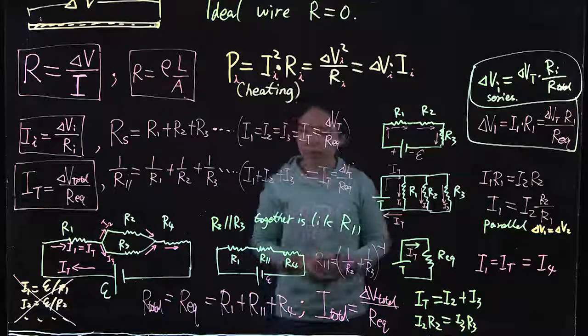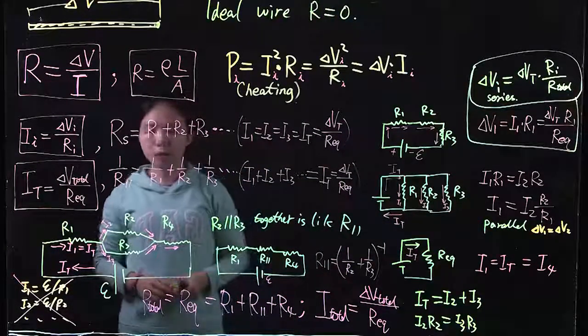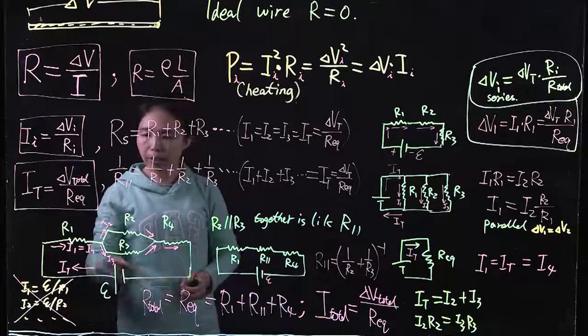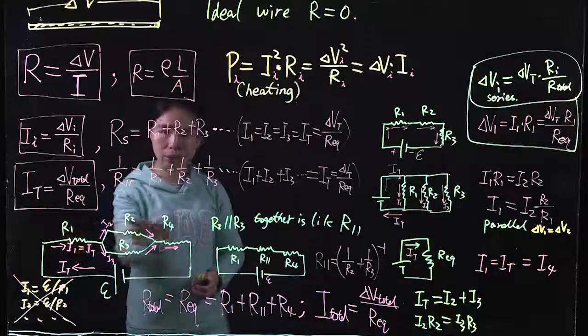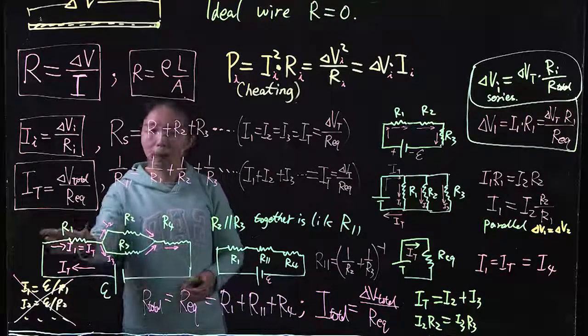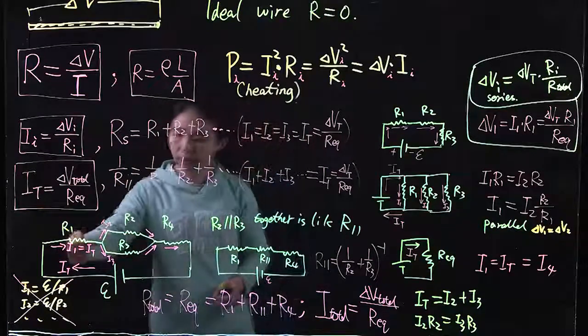Now let's compare R1 and R4. Which one consumes more power? How can we do that? We would like to compare the difference between R1 and R4. We try to figure out something in common. R1 and R4 both have the same total current.